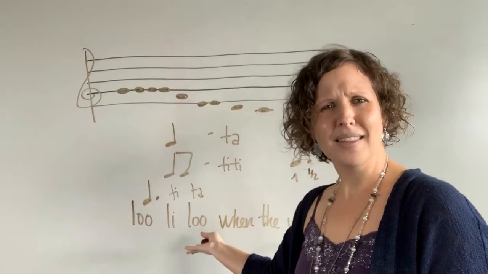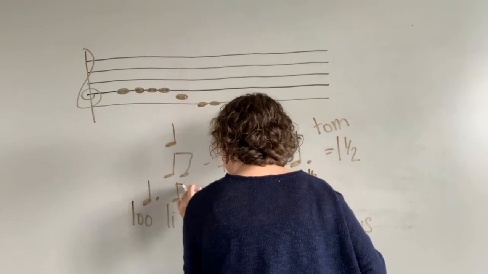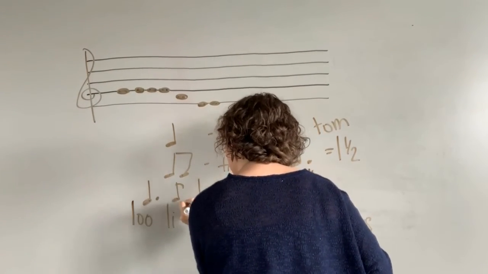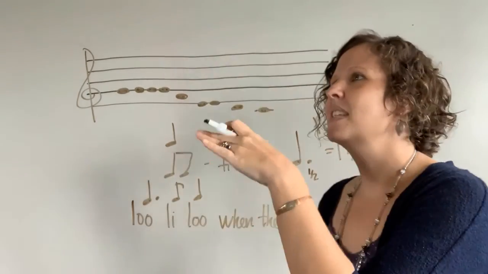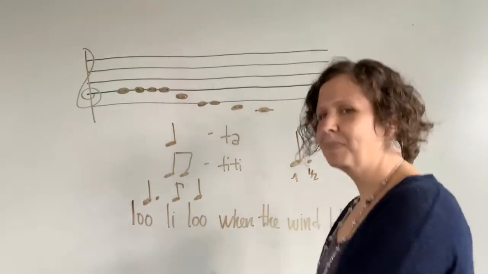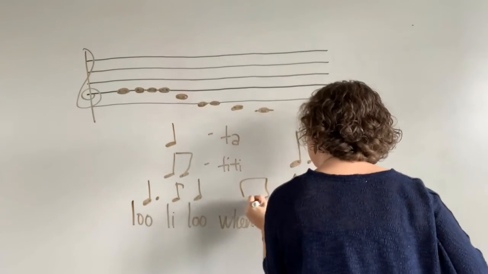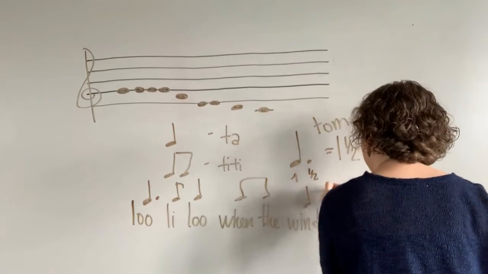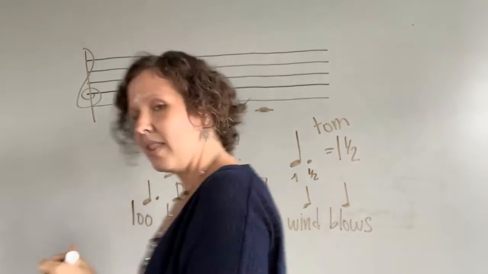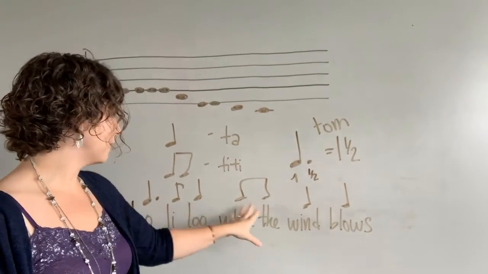I wrote the words and not the symbols. Let's draw the symbols. Tom, ti, ta, tom, ti, ta. When the wind blows, ti-ti, ta, ta. That is the rhythm for the last phrase, the B phrase.